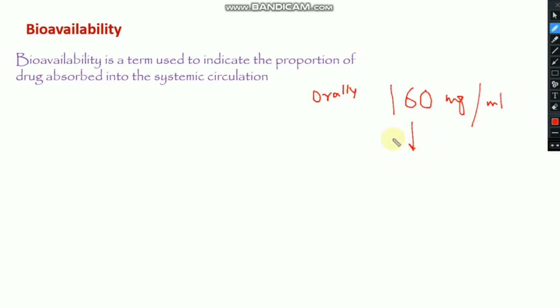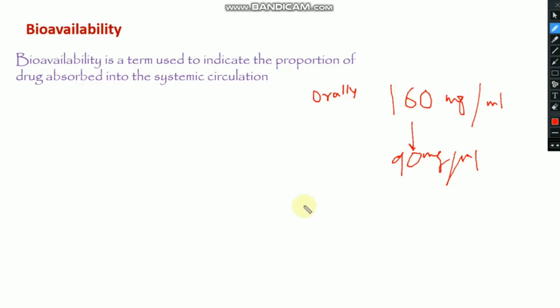So if you consider that around 90 mg per ml of this drug is available in the bloodstream, it means that for that specific drug the bioavailability is 90 mg per ml if it is taken orally.